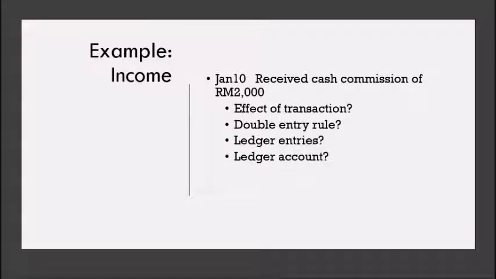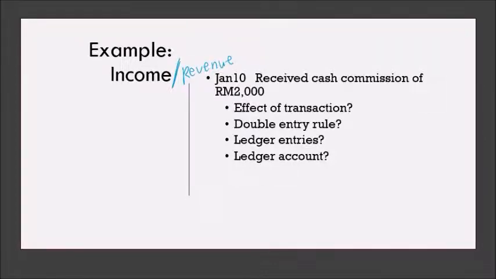Okay, so the next example is another owner's equity account, which is an income or revenue. January 10, received cash commission of 2,000. Okay, so you're receiving cash commission. You understand that this is a revenue, or income. Okay, how do you record this? What are the effects?